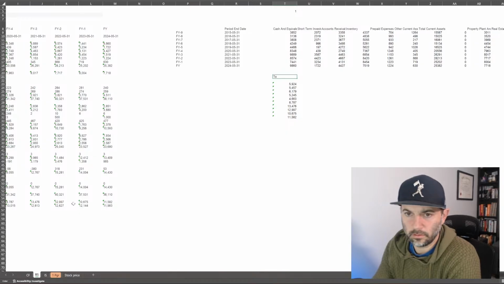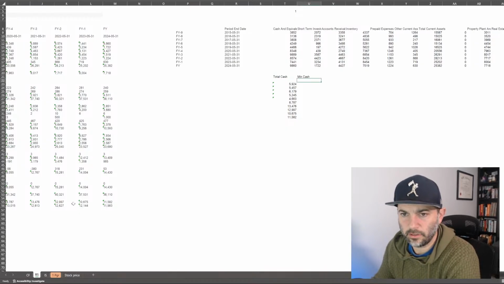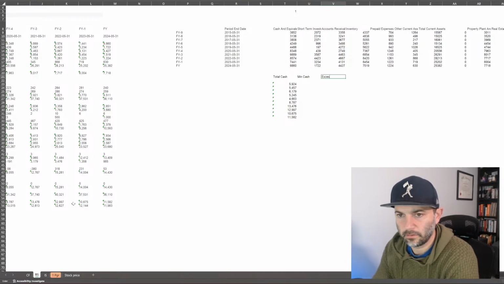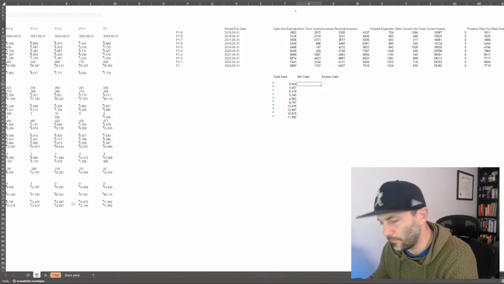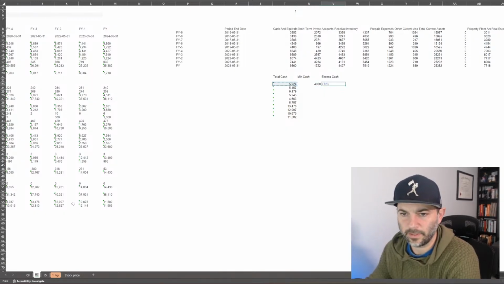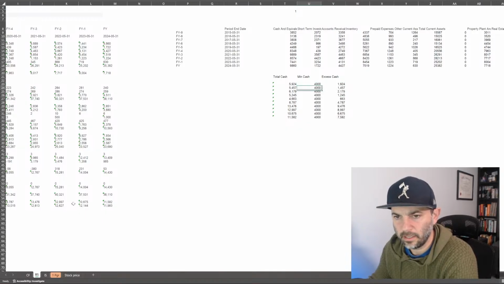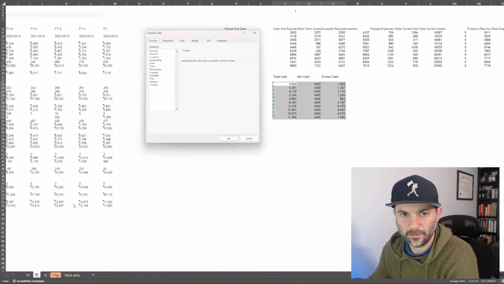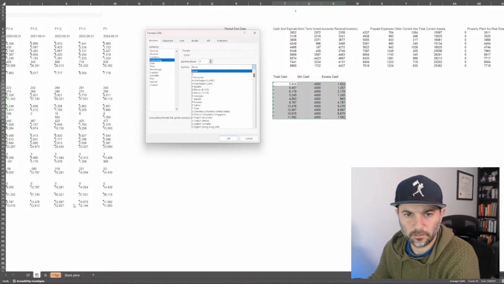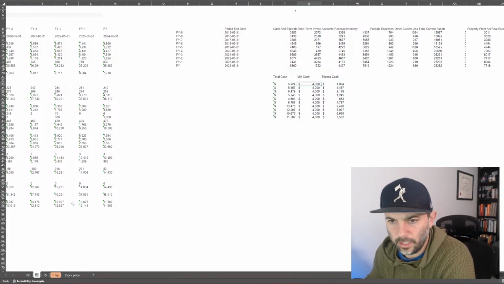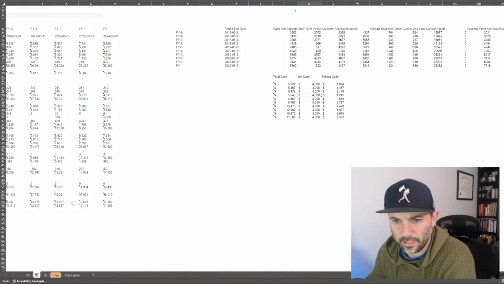So I'll put total cash, and I'll put min cash here, and this would be excess. So if I said I want them to have $4 billion of minimum cash, then the excess is here. That's how I'm going to set it. And that might grow a little bit as they grow.